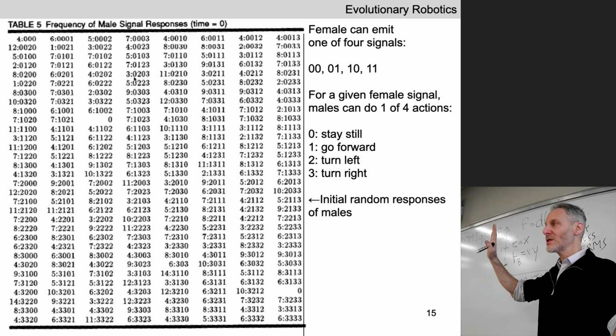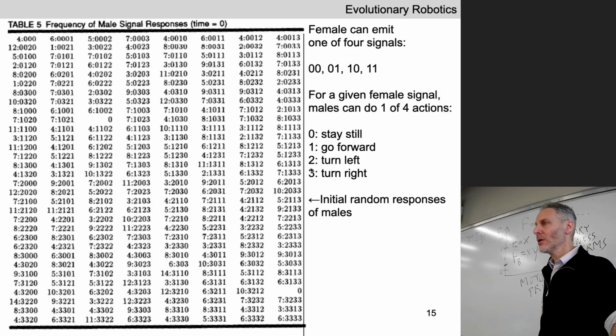So the first of the 4 digits represents song 00, the second digit represents song 01, and so on. The actual digit that's sitting in that location is either 0, 1, 2, or 3, which represents the 4 male motor primitives.